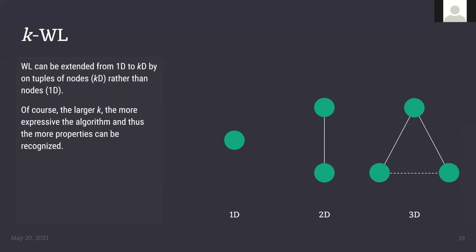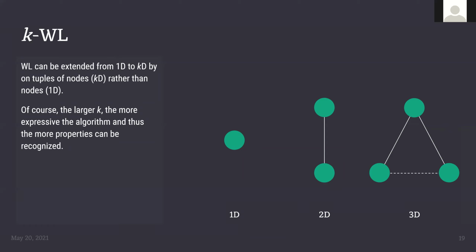To make things a bit more graphical, you see here that when you work on the one-dimensional version of the Weisfeiler-Lehman algorithm, you're reasoning in terms of nodes. Then if we move to a two-dimensional version, we are reasoning in terms of pairs of nodes, that is, edges.